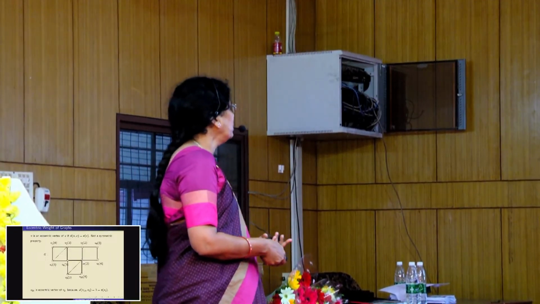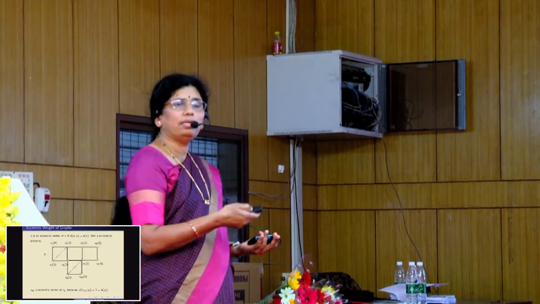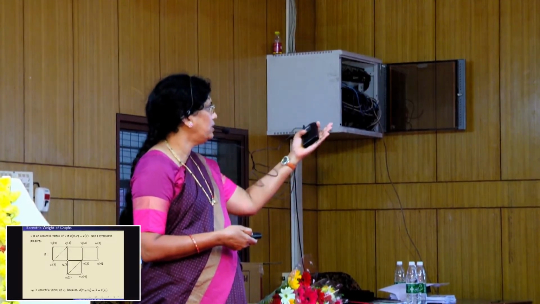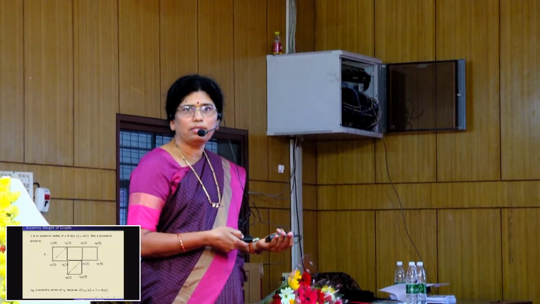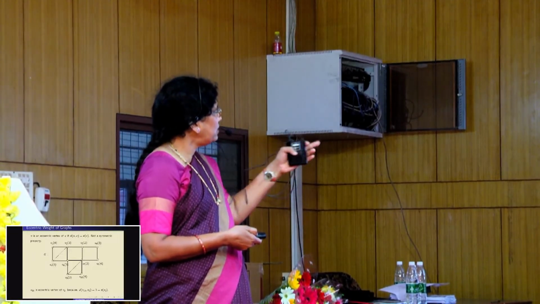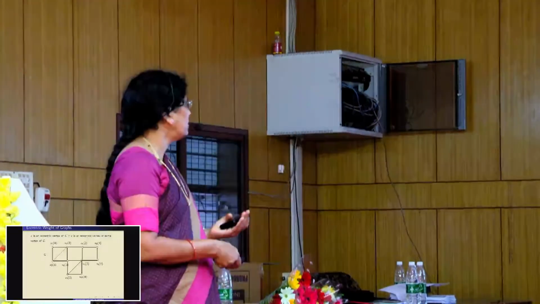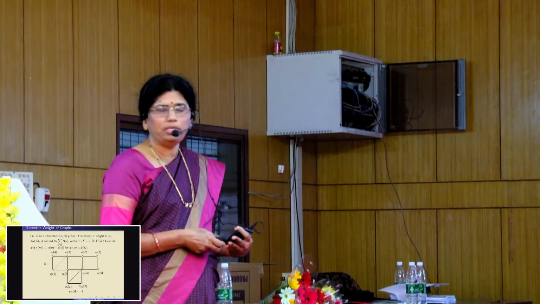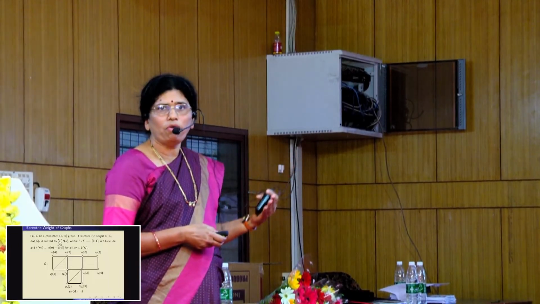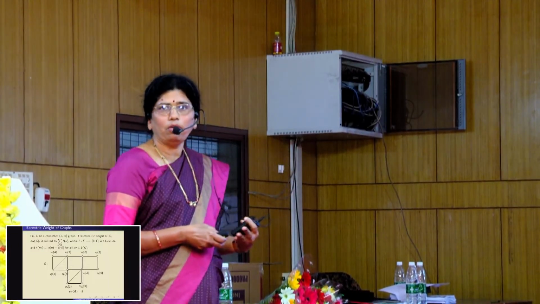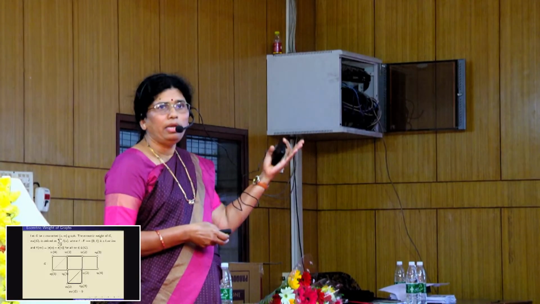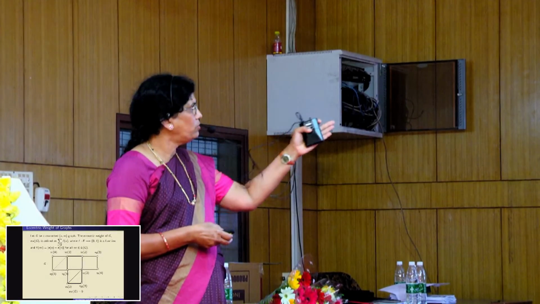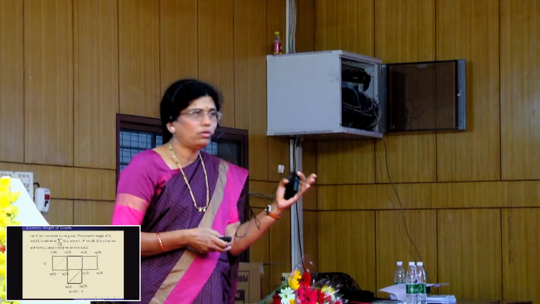Now, if U is an eccentric vertex of V, then by the definition, the distance between U and V is equal to the eccentricity of V. The eccentric weight of G, denoted by EW of G, is defined as the summation of f of x for all edges x belonging to E. And what is this f? It is a map from the edge set to the set having elements 0 and 1.